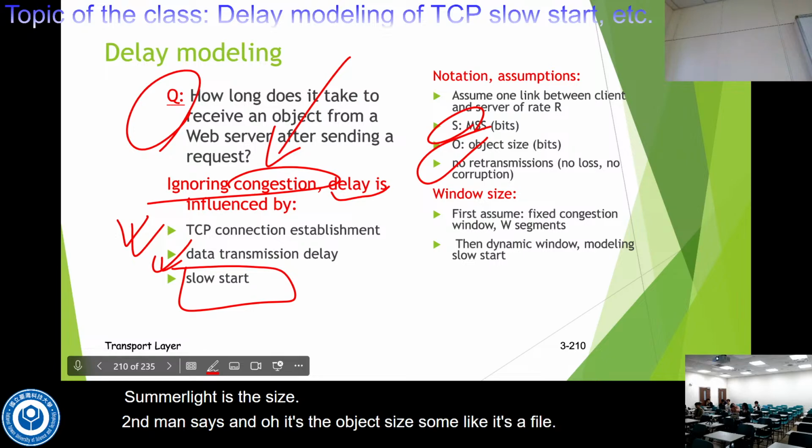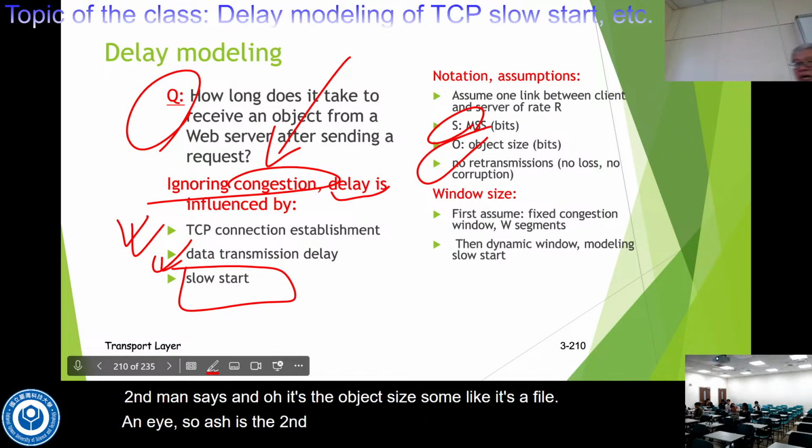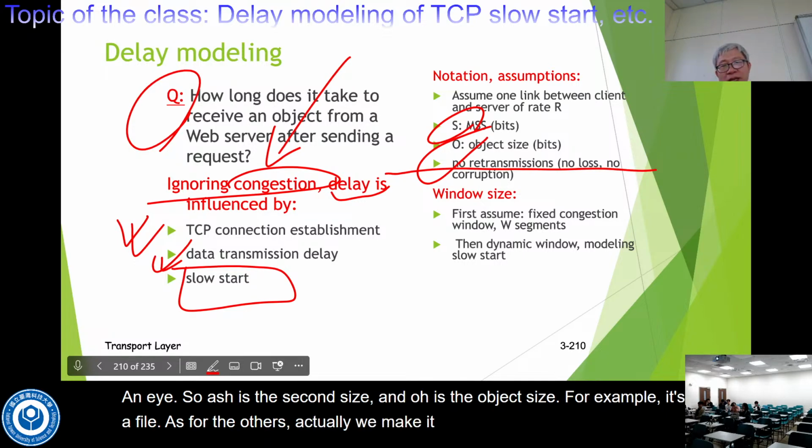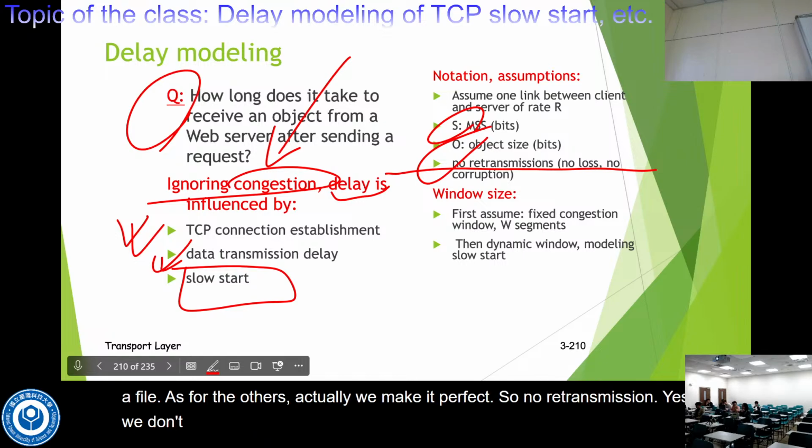S is the segment size, and O is the object size, for example, a file. As for the others, we make it perfect. So, no retransmission. Yes, we don't have ARQ consideration.